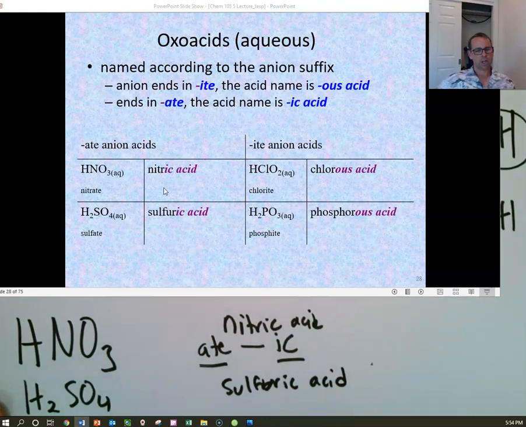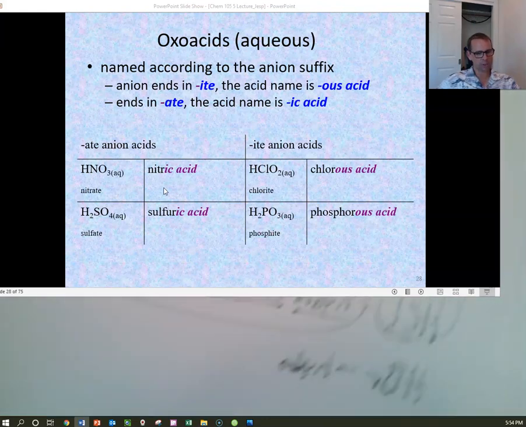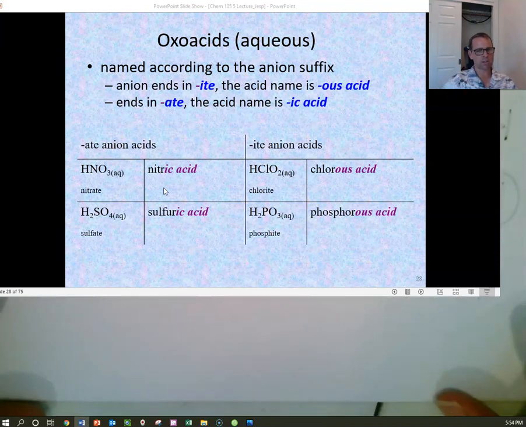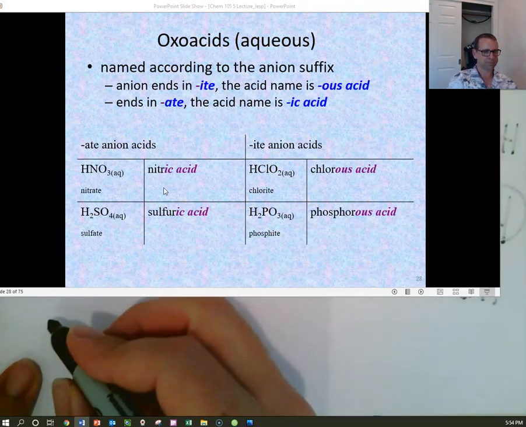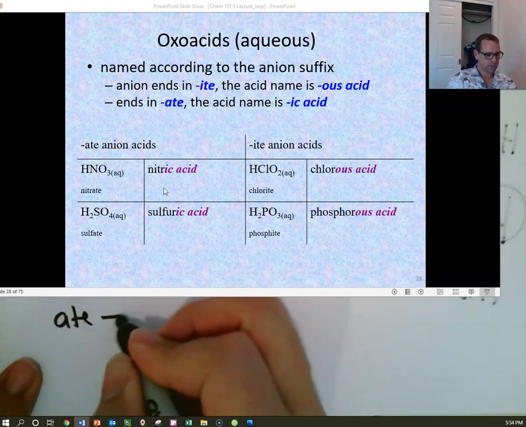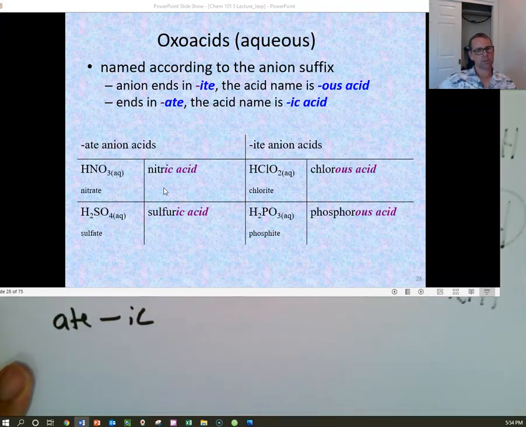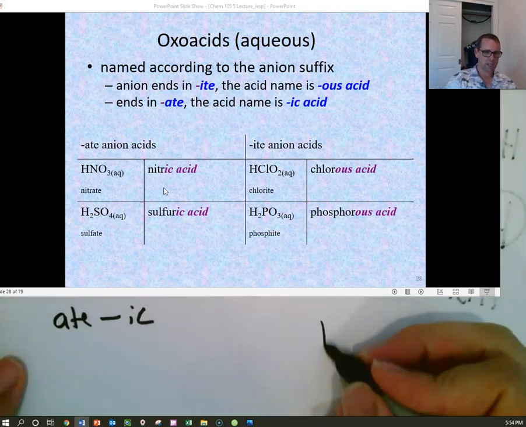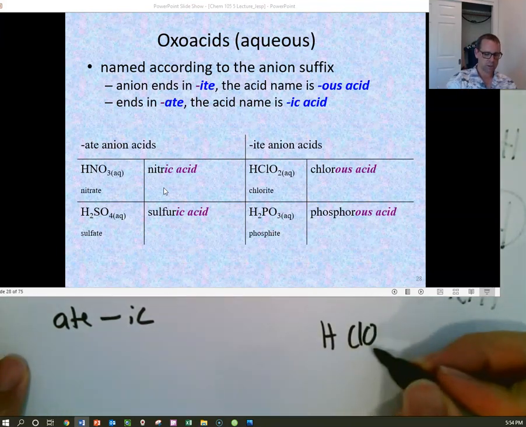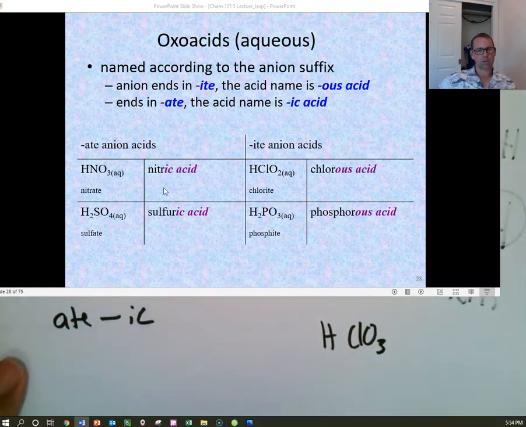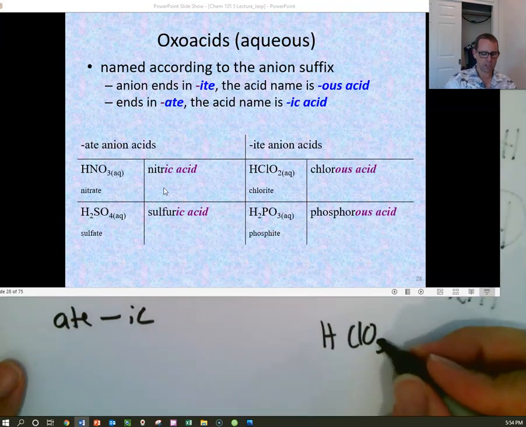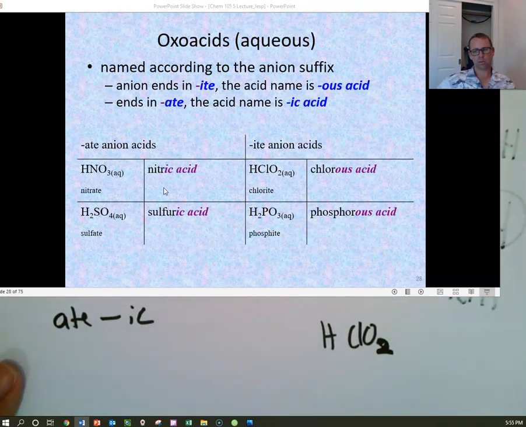All right. So what we learned from naming our oxoacids is that we have ate going to ic. If the polyatomic ion ends in ite, like HClO2, what is the name of the ClO2 ion?